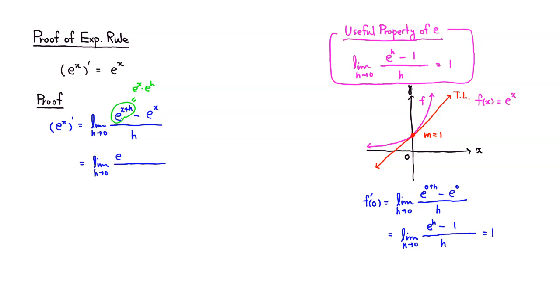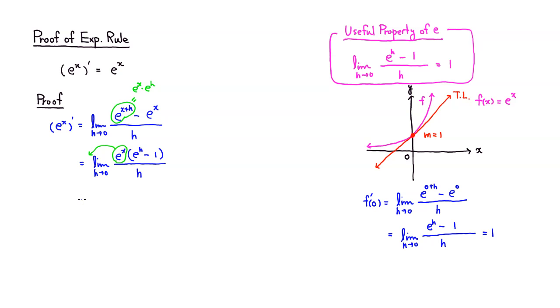Both of these terms on top have e to the x in them. So you have e to the h, and if you pull e to the x from e to the x, you get 1, all over h. Since the limit is in terms of h, e to the x is considered a constant because it has nothing to do with h, so you can place it in front of the limit.